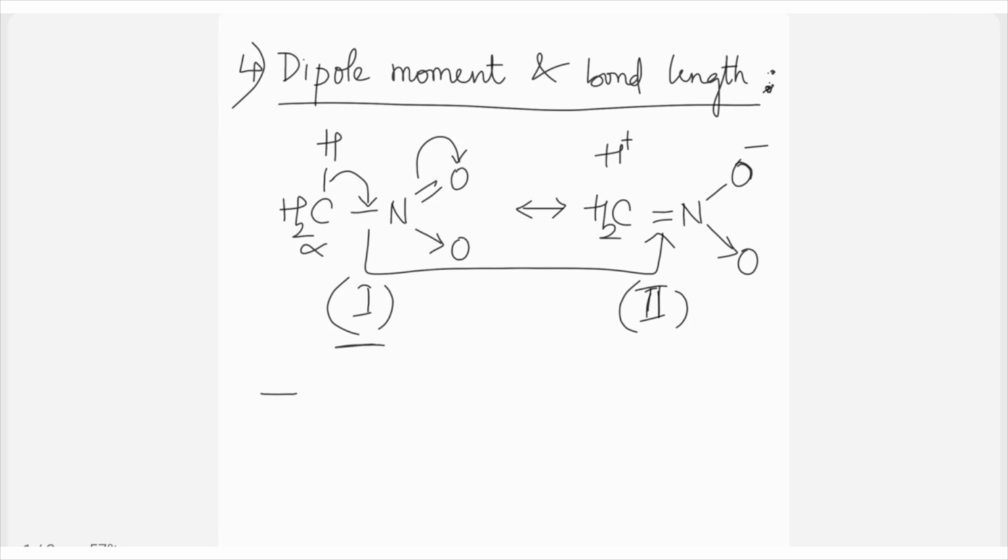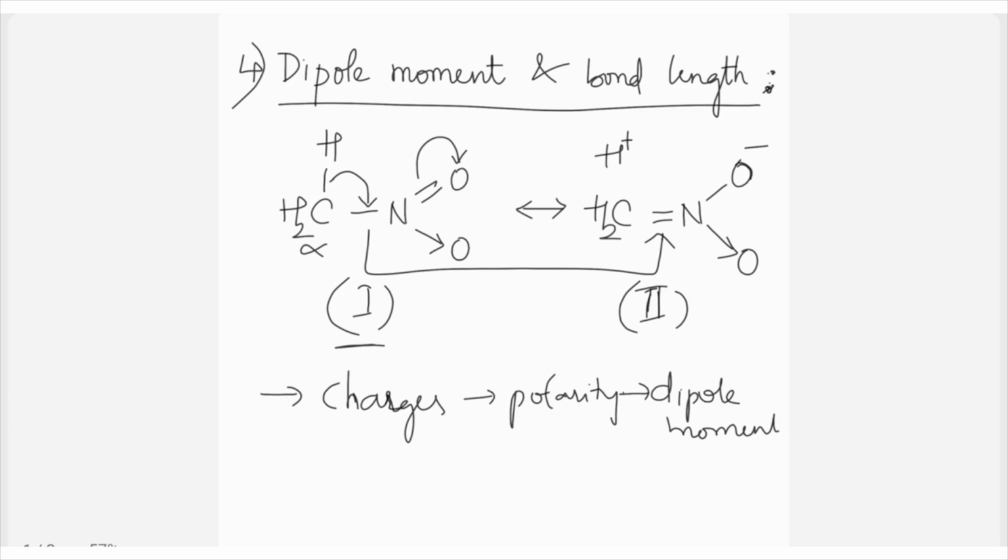Now because of the development of charges, dipole is created, or the polarity is created. Because of the charges, polarity is created, and the dipole moment also will vary. Because of hyperconjugation, dipole moment is varying, and also the bond length.